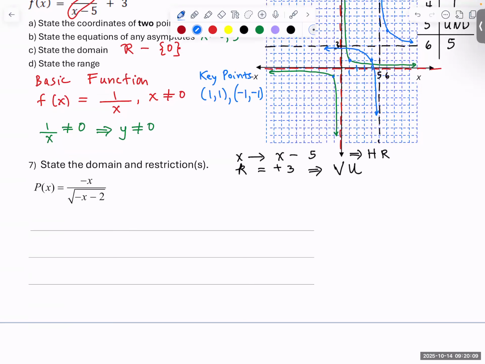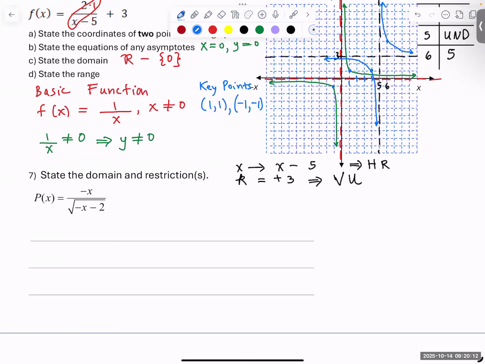Number 7, state the domain and the restrictions. Generally, x can be any real number except for restrictions. And because there's a radical in the denominator which has an index n that's understood to be a 2, which is an even root, a square root and generally even roots must have radicands that are positive or 0 in the set of real numbers. However, we have to exclude any values of x that make the denominator 0 because division by 0 is undefined.